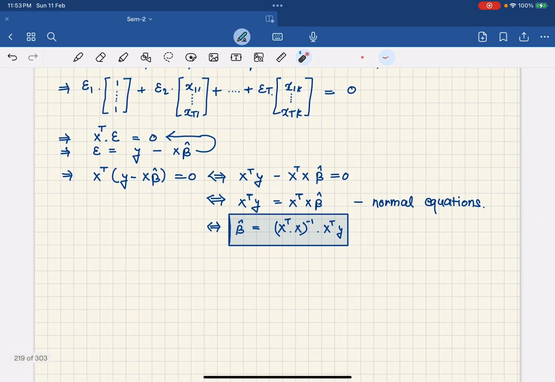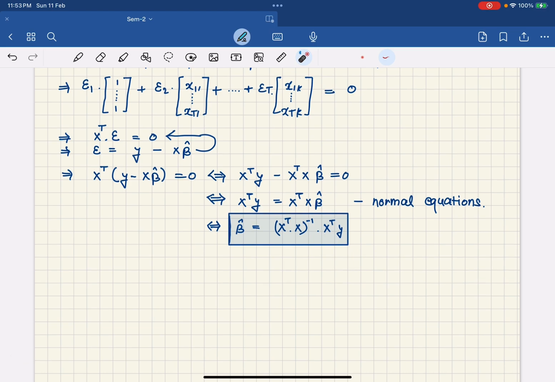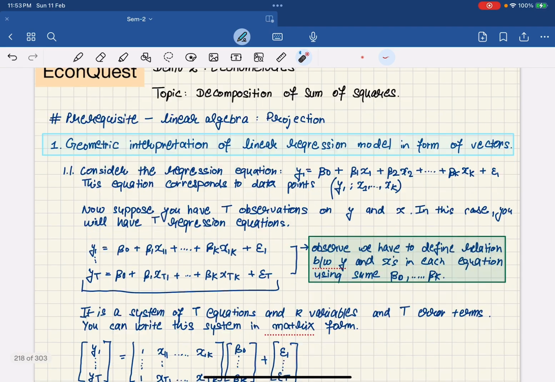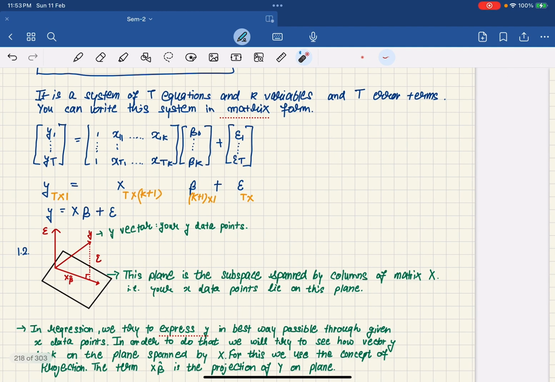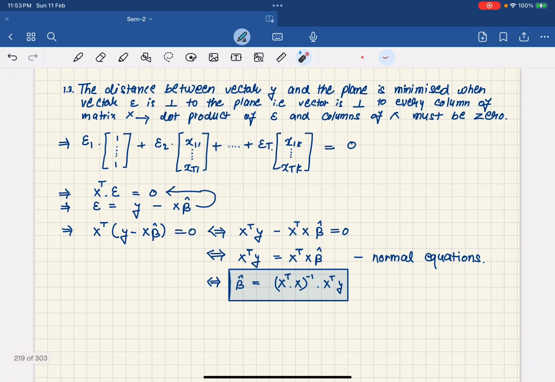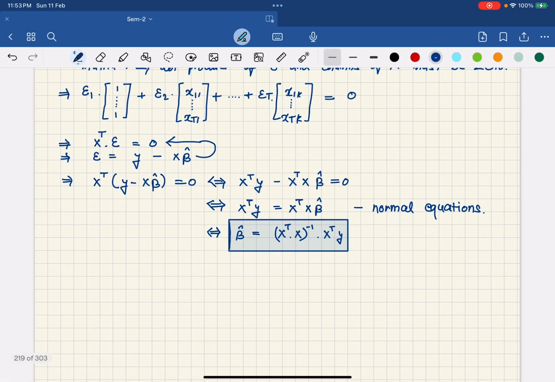Now we will see how we can write this x dot b vector and this e vector in terms of y, and there is a simple way to do this.